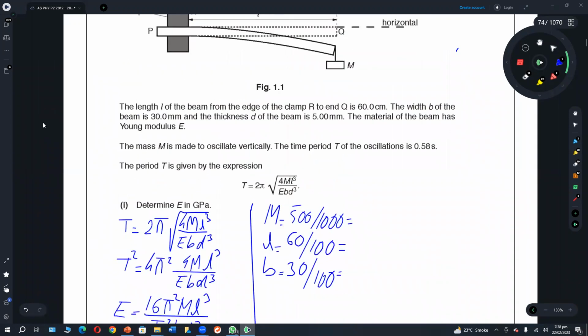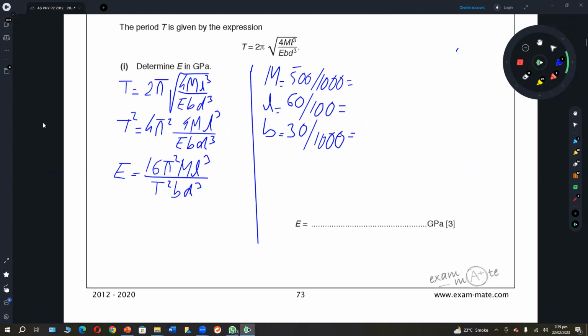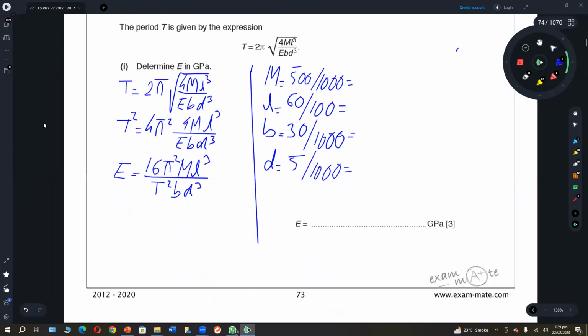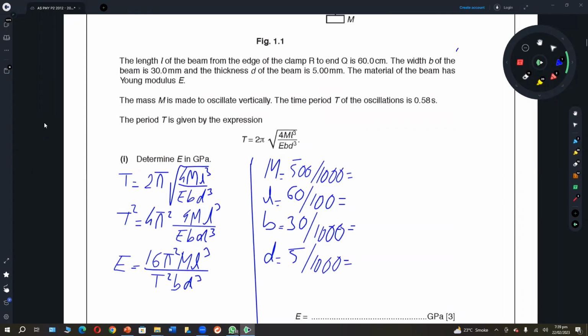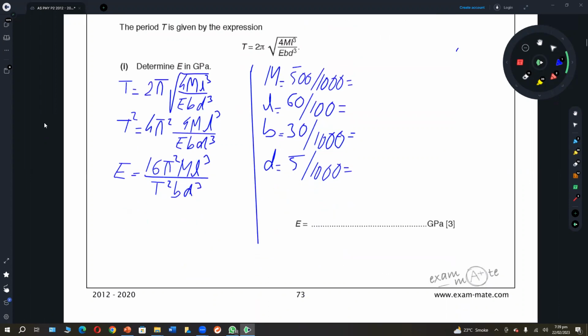And the thickness D is 5 millimeter. T is 0.58 second.